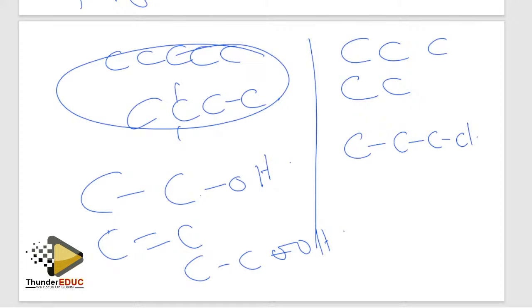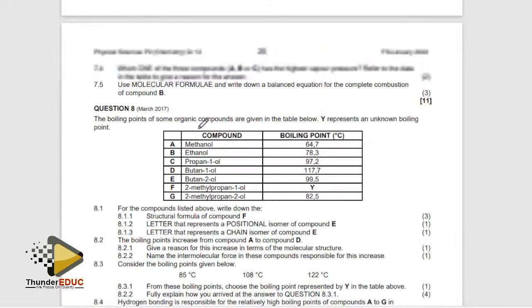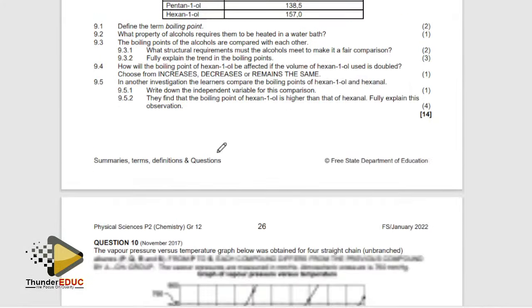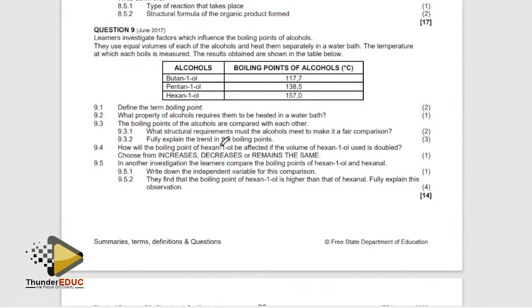Let me just give you an example here. Let's just get one simple question. What is boiling point? You have to know that. Remember that it's the temperature at which the vapor pressure of this liquid is equal to the atmospheric pressure.